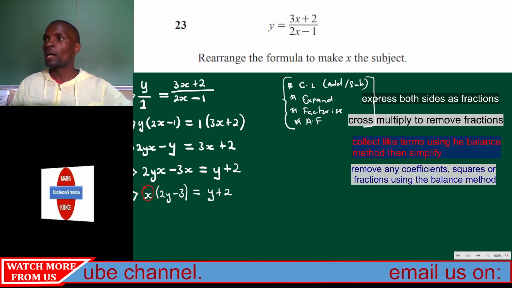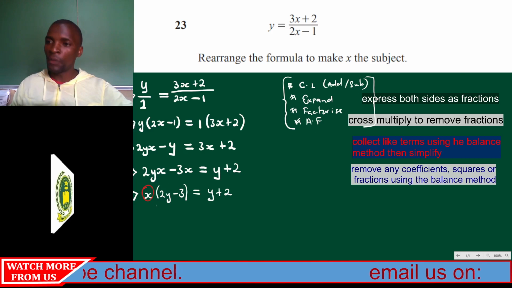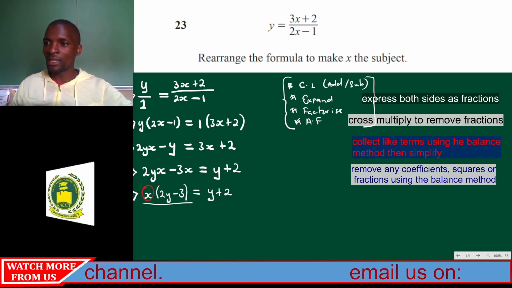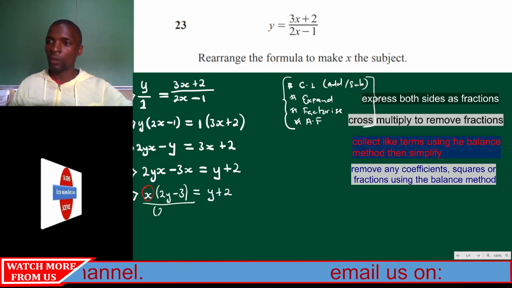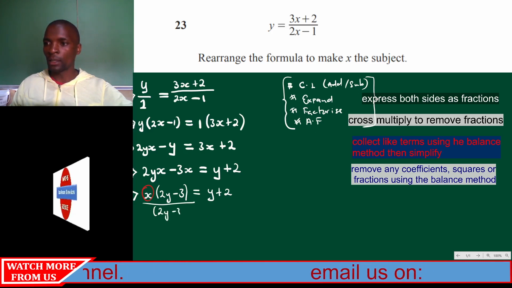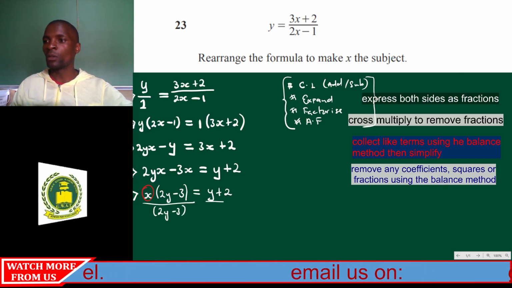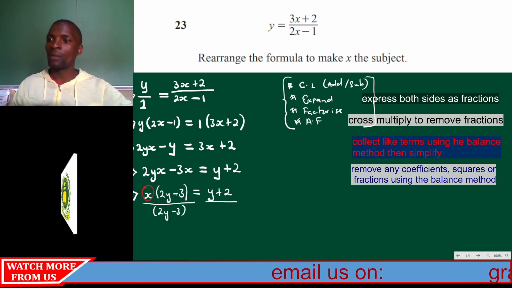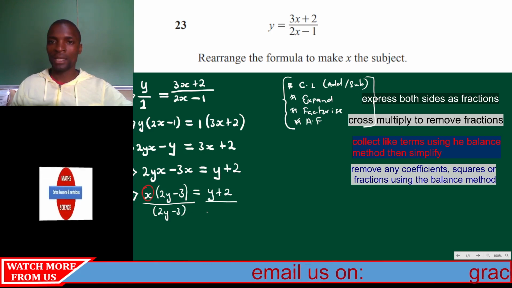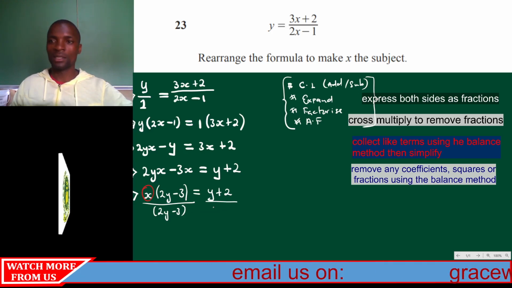So in this regard, we mean that we are going to divide both sides by the bracket, which is reading 2y minus 3. That's removing the coefficient, and then we do the same thing again to the right side, because what you do to the left side, do also to the right side. That's the balance method.